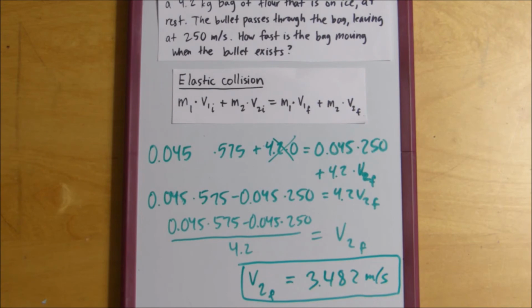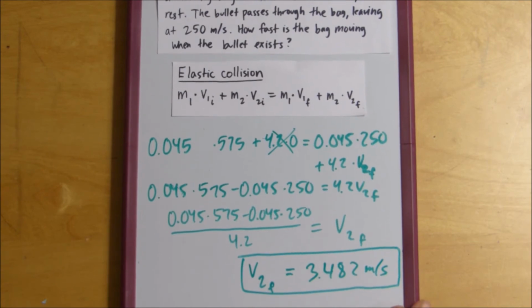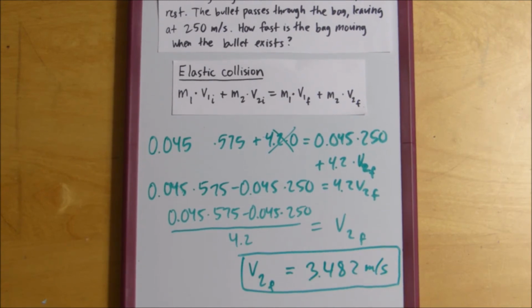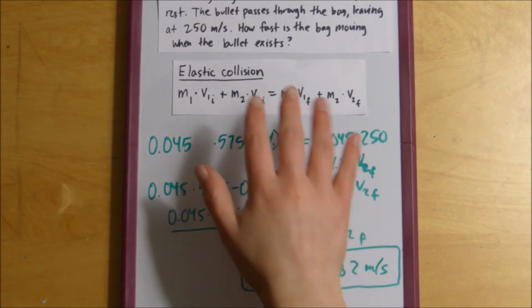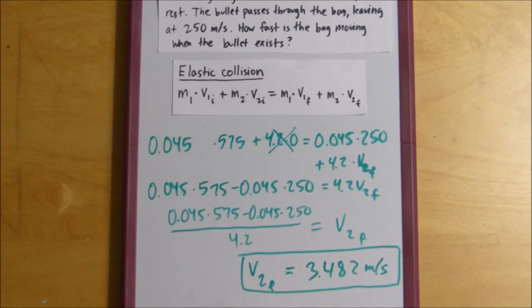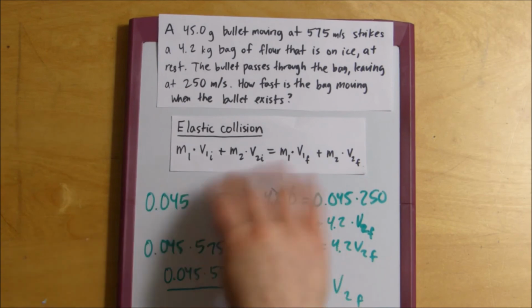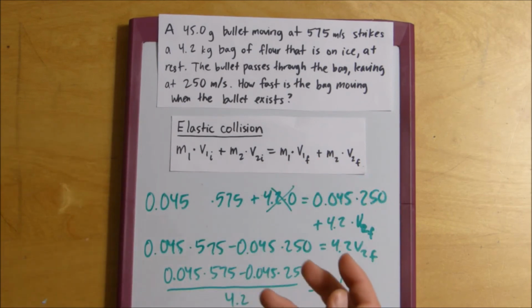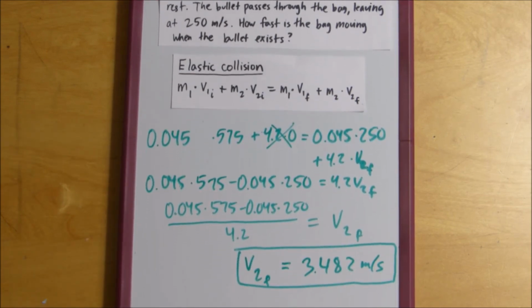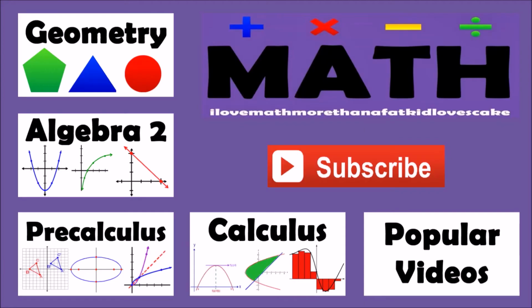And that is how easy it is to do an elastic collision problem. You just get all the information from the question, then you plug it into your conservation of momentum equation, and then you solve.